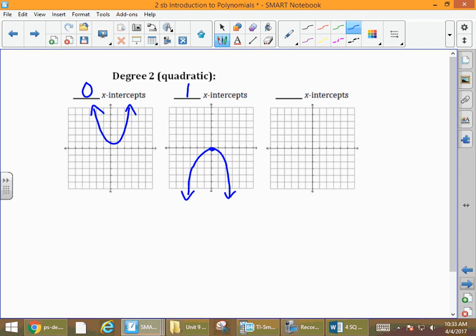Or we could draw one with 2 x-intercepts. Again, your pictures don't have to be the same as mine. But degree 2, there's 3 ways to draw it.